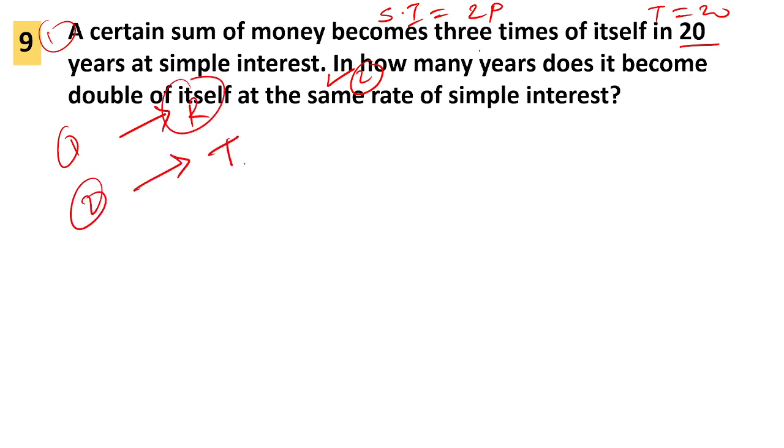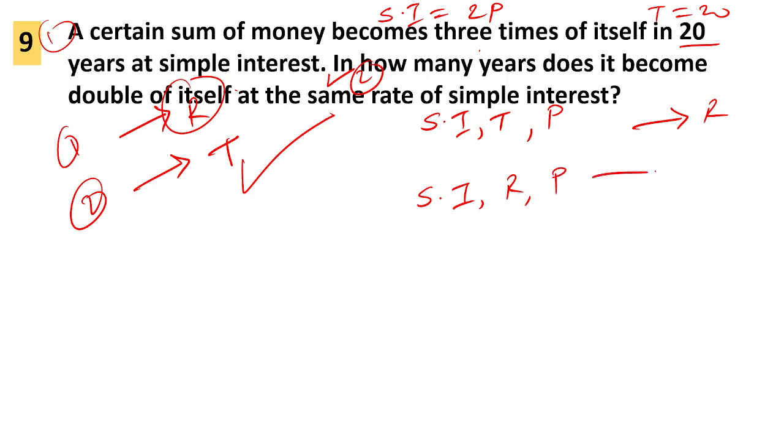If you know R, you can easily find the time. In the first condition you know simple interest, time and principal, so you can find R. In the second condition they are providing the simple interest, R and P, so you can find T. If three variables are present, or three values you know, you can find the fourth one easily. I think everyone got this.